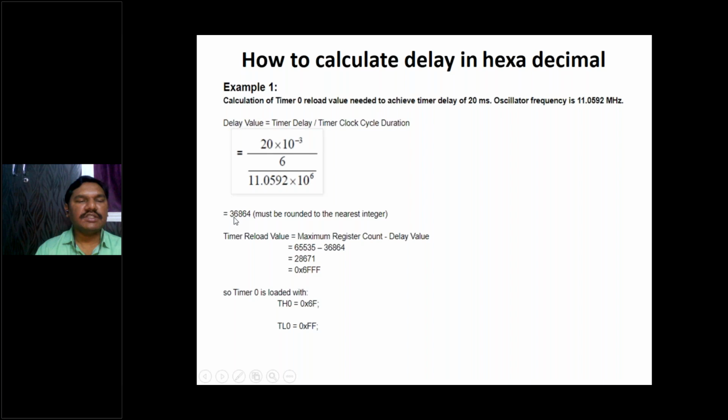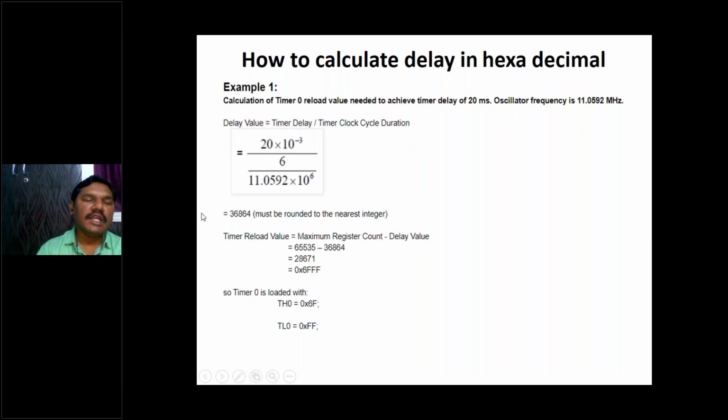So that is equal to 36,864, rounded to the nearest integer. Now how to find the timer reload value in hexadecimal? This value is in analog and this value is in hexadecimal digital. That's why we need to do these calculations.